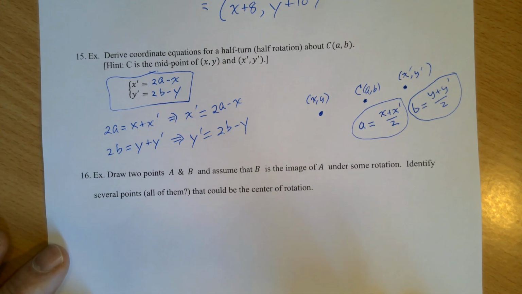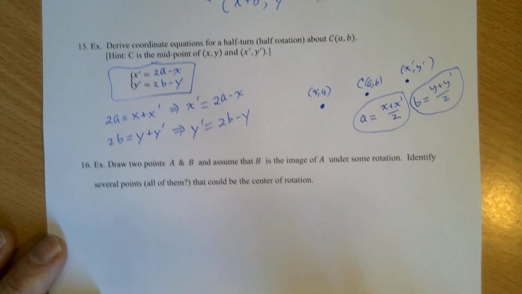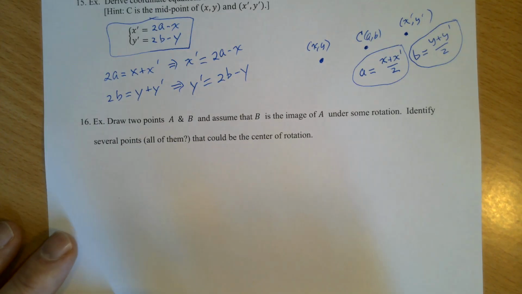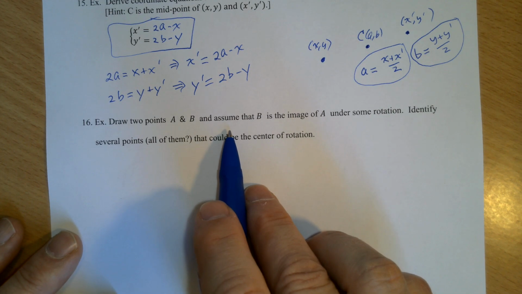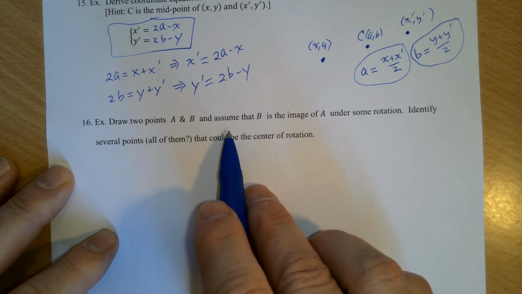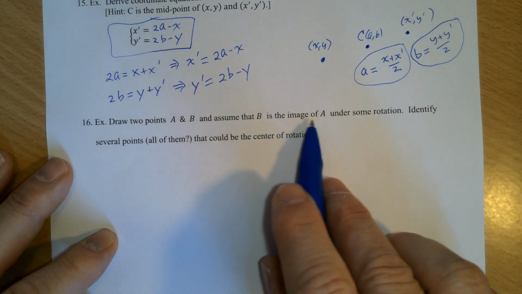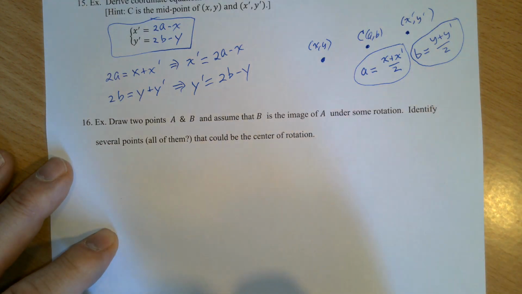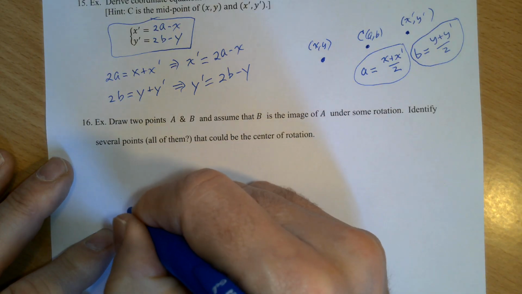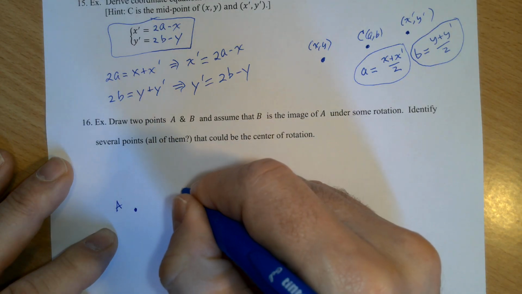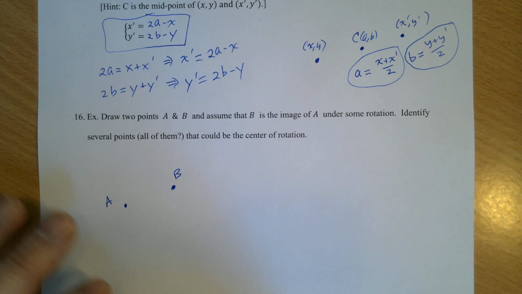Okay, let's finish up this section with the last example. Draw 2 points A and B. All right, and assume that B is the image of A under some rotation. So maybe I'll just put A here and put B here.